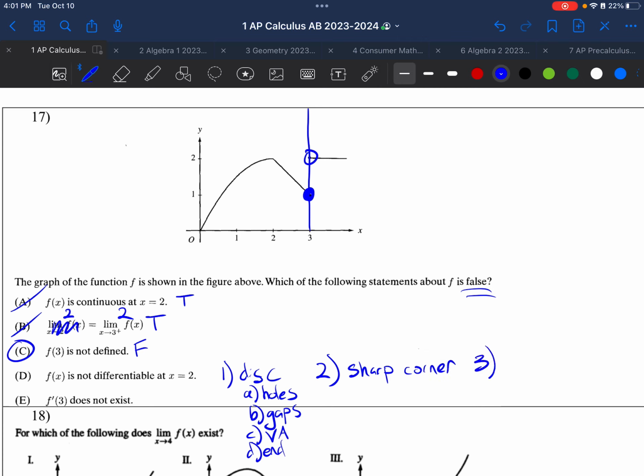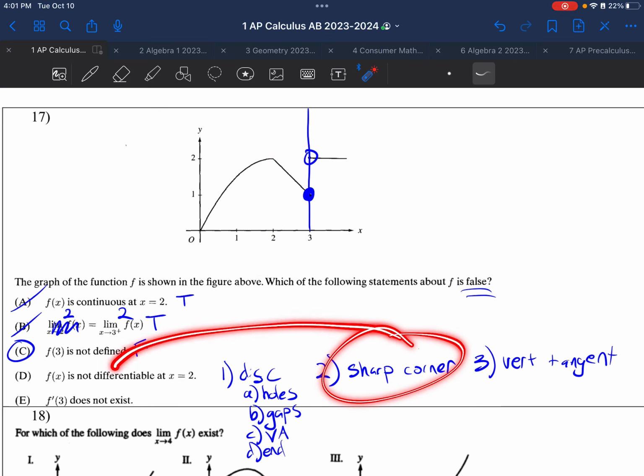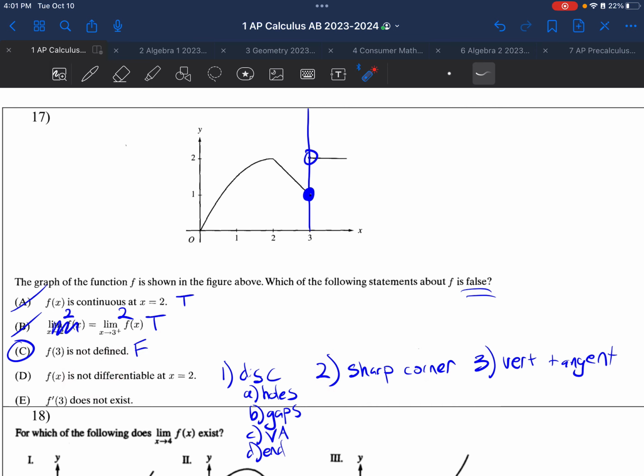And the third thing is a vertical tangent. Are any of those things going on? At 2, do I have something going on? That's a sharp corner right there. That means I'm not differentiable, which is true. I'm not differentiable because I have a sharp corner. So this one is true. I've said that twice, which feels weird.